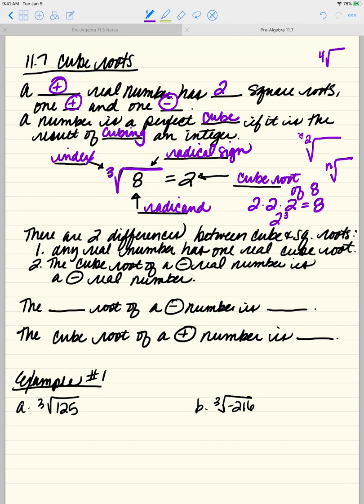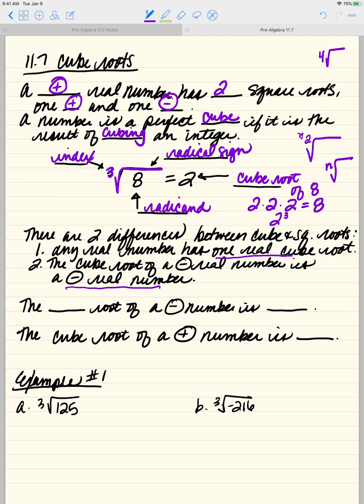Okay? Two main differences between cube and square roots. Number 1 is any real number has only one real cube root, whereas a square root has both a positive and a negative, okay? And we can take the cube root of a negative number. So number 2, the cube root of a negative real number is a negative real number, okay?